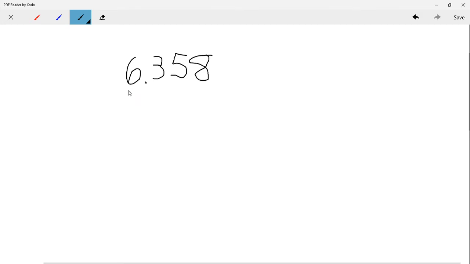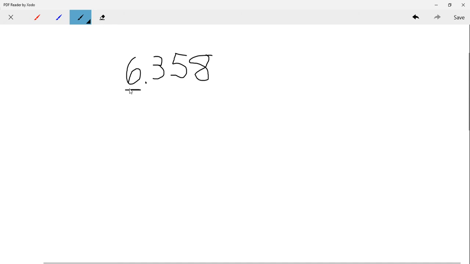So first, let's round to the ones. So the number one thing to know when you're rounding, okay, is basically just place value. For rounding to the ones, you need to know where the ones is. So right here, we're rounding to the ones.